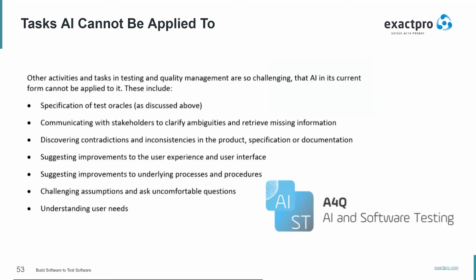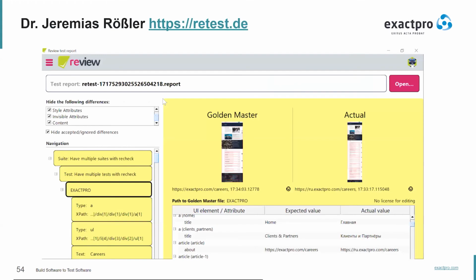And actually, the A4Q syllabus lists the testing tasks that cannot be performed using AI. And as we can see, the very first element on this list is the definition of test oracles. So getting back to Dr. Rößler's work at retest. So fine, the oracle problem is not for machines.